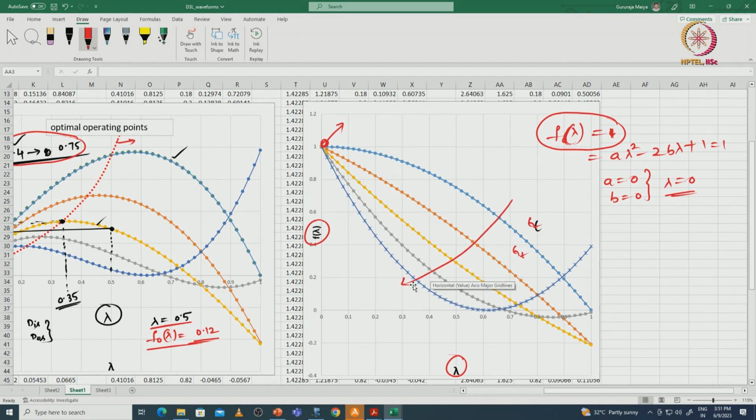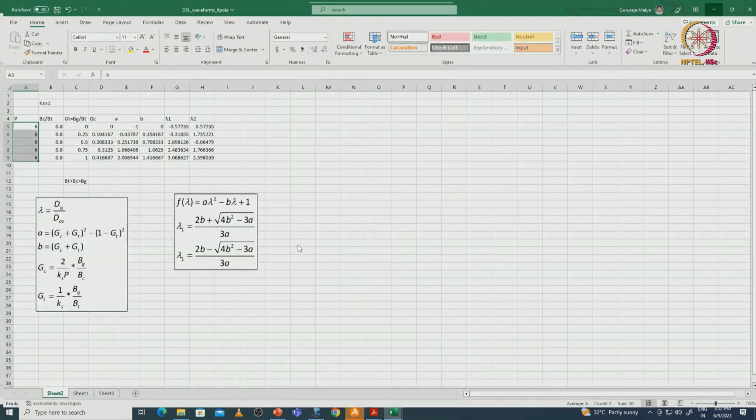We are varying GT here, and we can see the curves. So, we have to select the operating points somewhere in the middle, in this region, such that we can accommodate the copper as well as iron. These curves vary with respect to the number of poles.